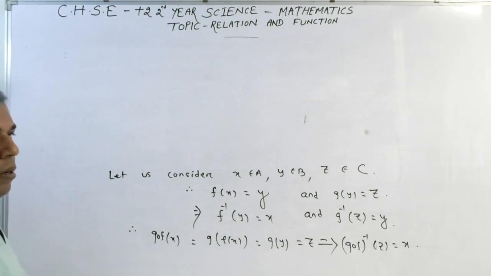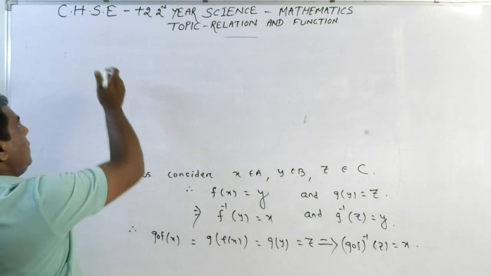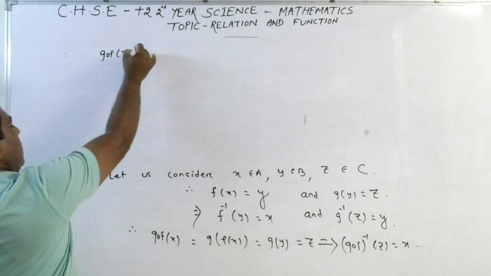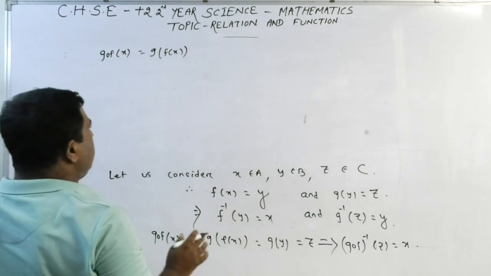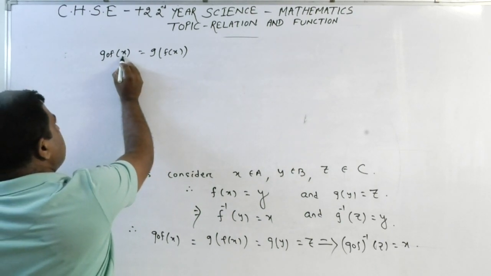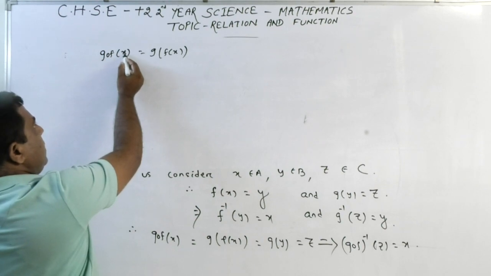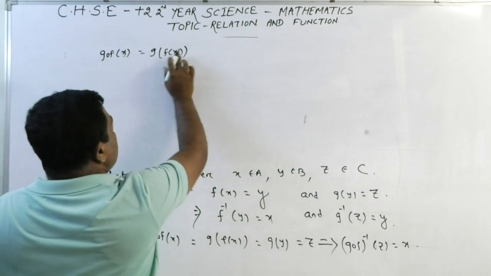Now again I am writing this one. As we define, so what is g∘f of x? It is g of f of x. Again I am writing for your clarity. So you see x is there and f is applied on x as g of f of x.